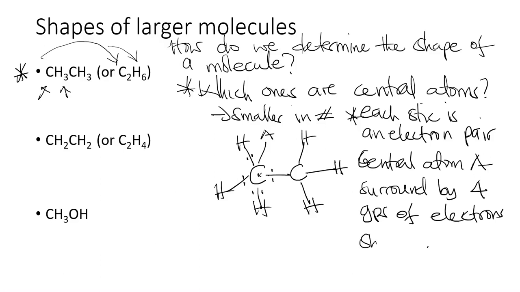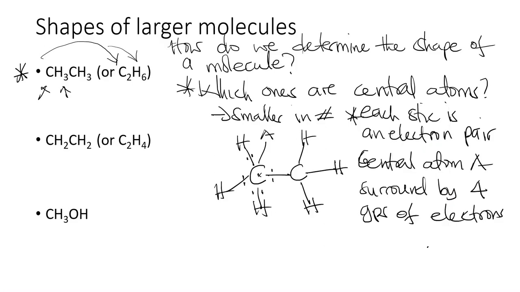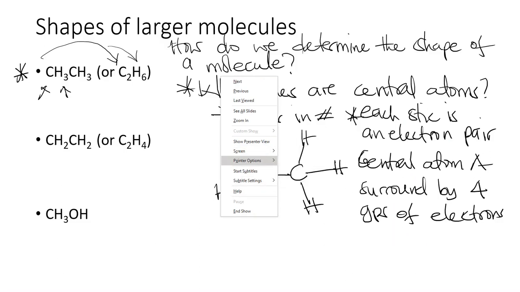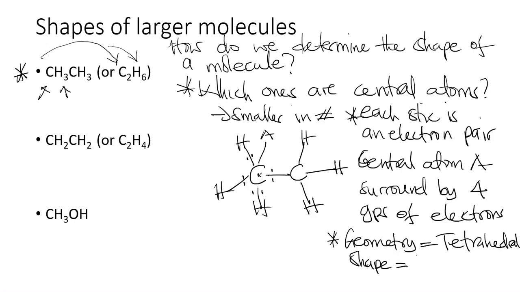Therefore, its geometry is tetrahedral. The shape is also tetrahedral. So why are the geometry and the shape equal?